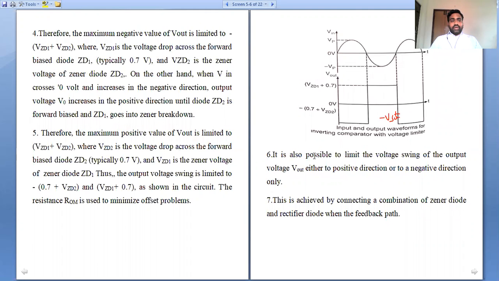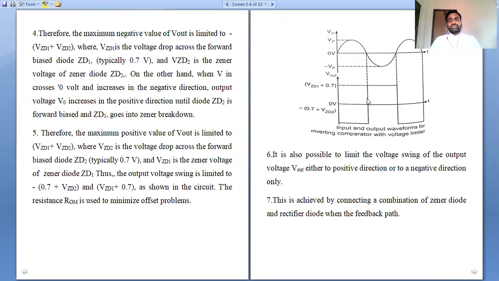So at that negative peak condition, here we will see a maximum at the negative peak. At the instant of negative peak of the input voltage, we can clearly see the voltage drop across Zener diode 1 and the voltage drop across Zener diode 2 in this particular structure.